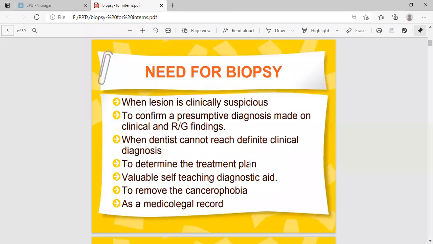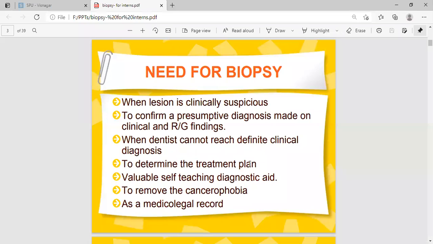For example, you want to do surgical removal or enucleation of a periapical cyst or periapical lesion, or a dentigerous cystic lesion is there. So whether that lesion is a dentigerous cyst or OKC, or it is an ameloblastoma, you need to understand which type of lesion it is.